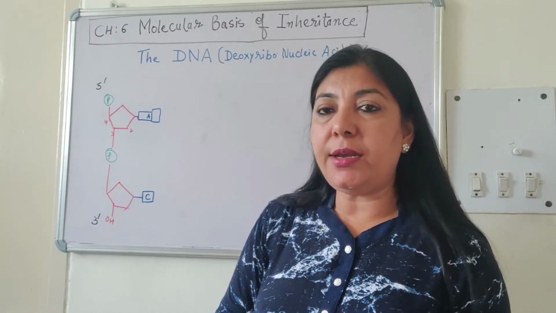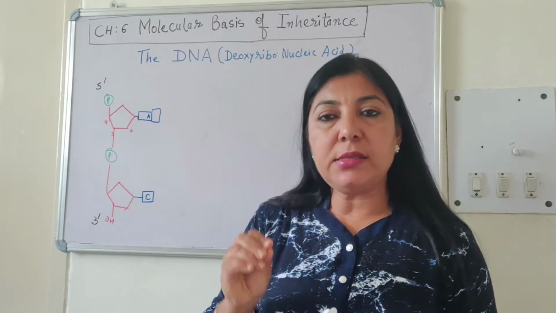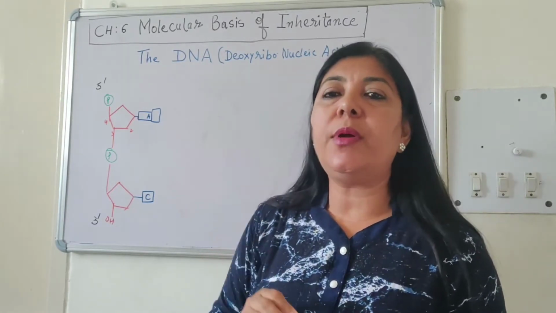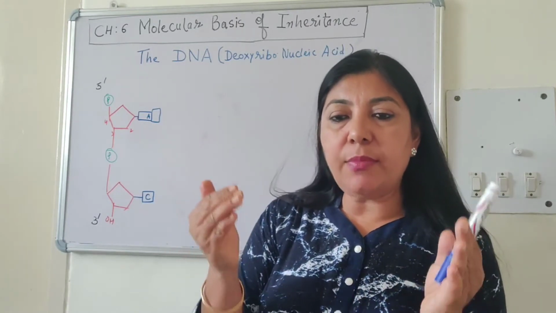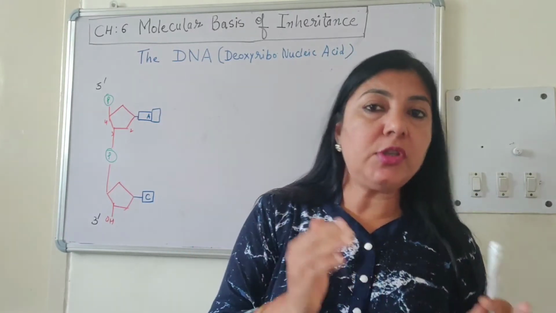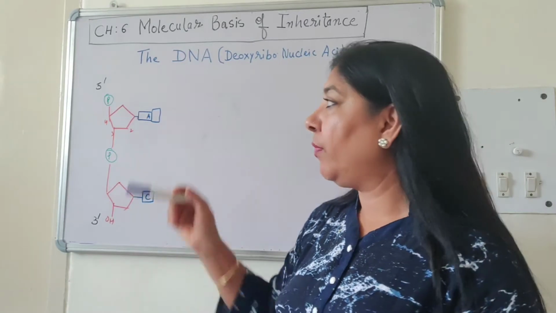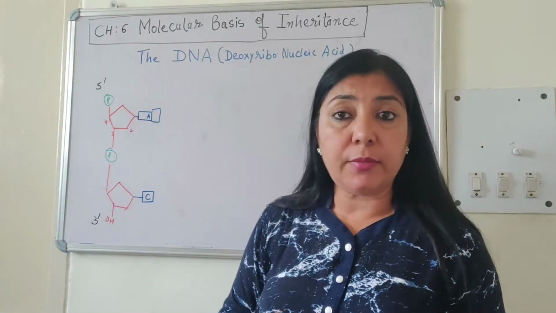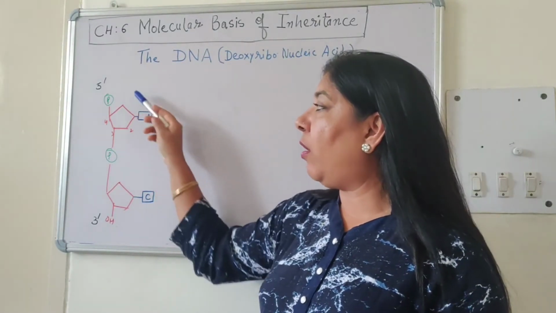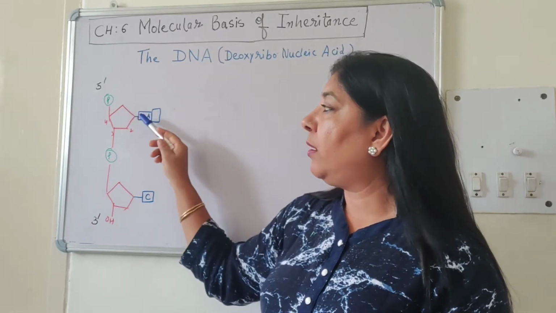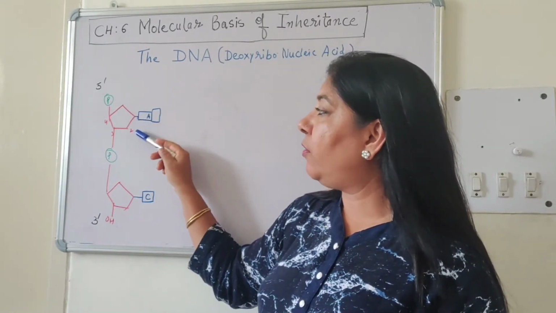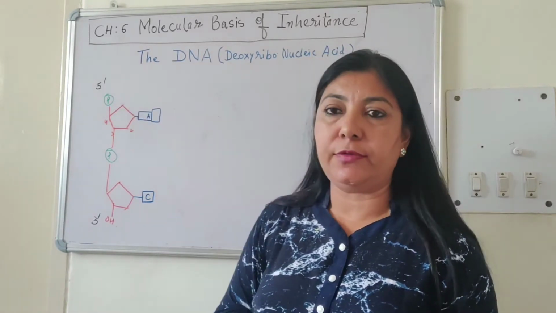What do you mean by polarity? Polarity means the position of the carbon atom. We describe the molecule in terms of the position of carbon atoms in deoxyribose sugar. So if you see this deoxyribose sugar, this is carbon position 1, 2, 3, 4 and 5.